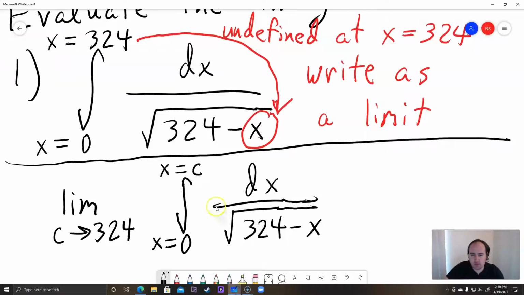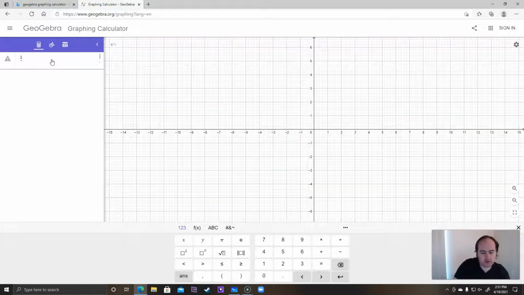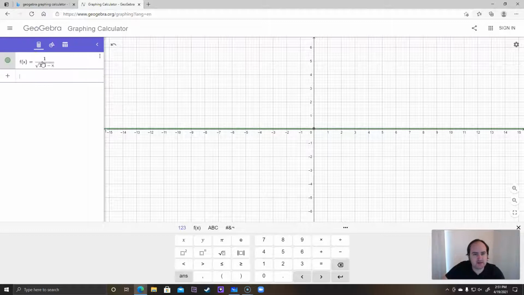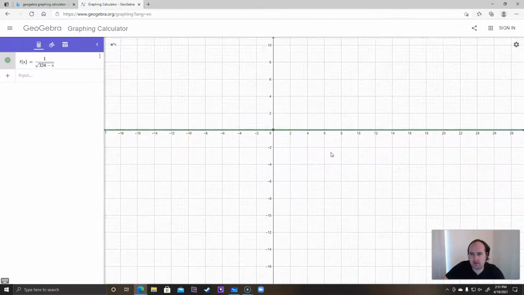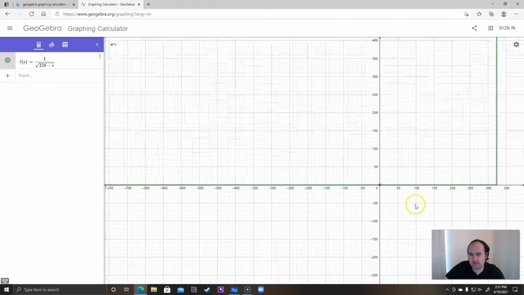In this problem, our function was 1 over the square root of 324 minus x. If I press enter there, we've got our function here. And if I go ahead and zoom out, we can see better what's going on with this function.